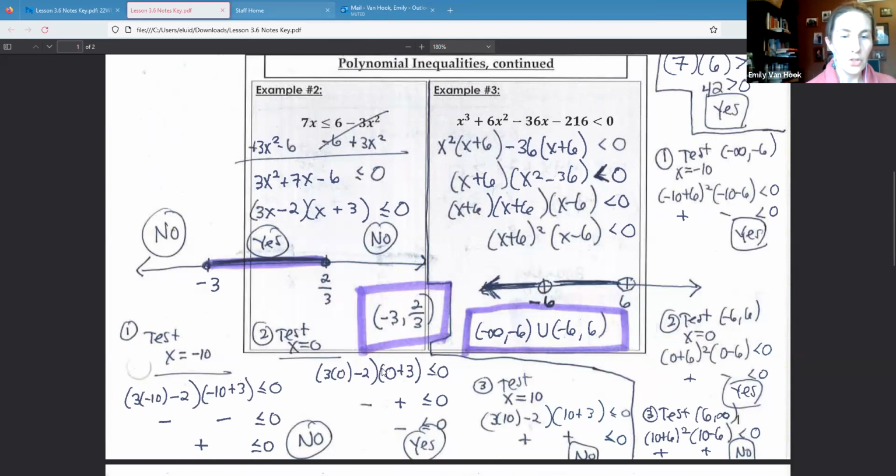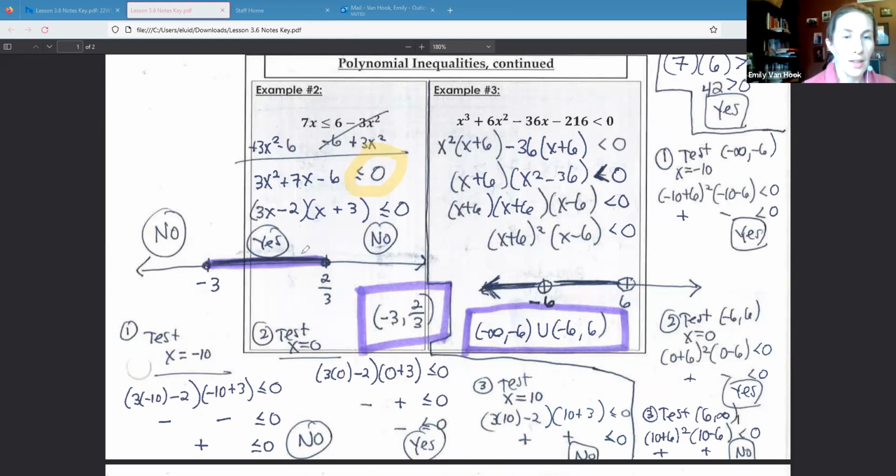First of all, for example 2, notice how we had some extra steps at the beginning in terms of we had to get the inequality with 0 on one side first. So notice how I had to add 3x squared and subtract 6 on both sides. So rearrange your terms all on the left side first, get 0 on the right side. This is another one where actually it was less than or equal to 0. So we were looking for intervals that were making the inequality negative.